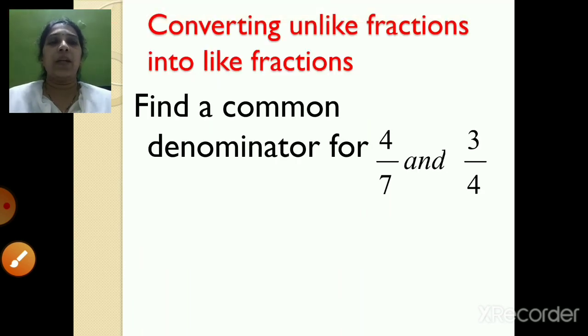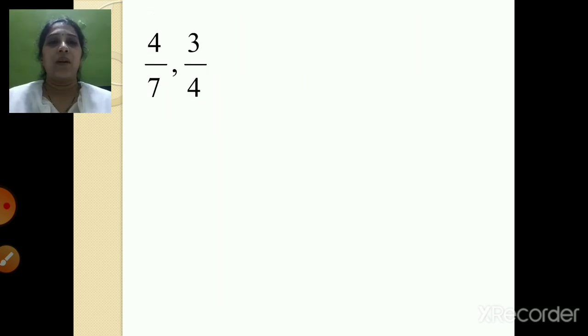Find a common denominator for 4 upon 7 and 3 upon 4, right? So you have to find a common denominator. That means the denominator should be the same for both the fractions. So this sum is similar to the first example. So let's see. 4 upon 7 and 3 upon 4, right?